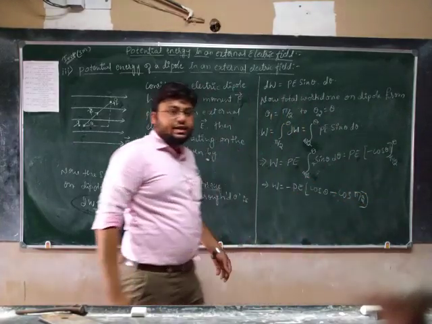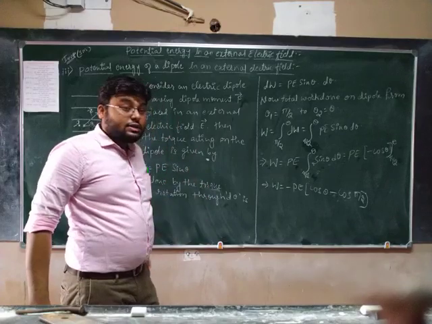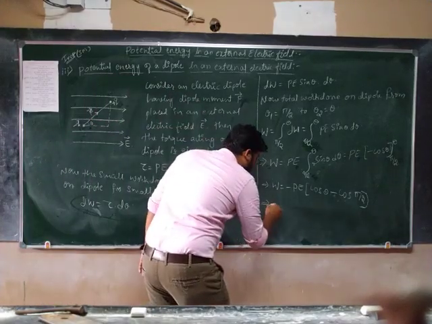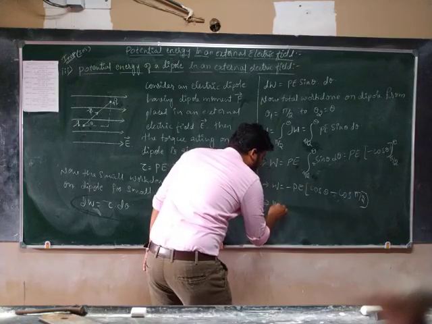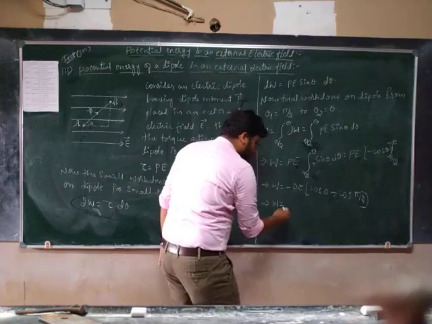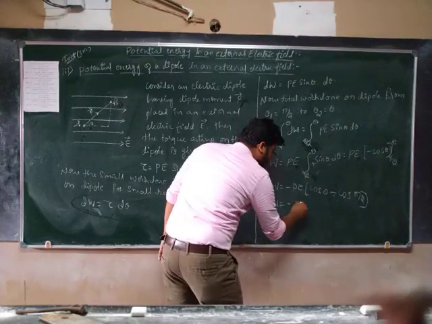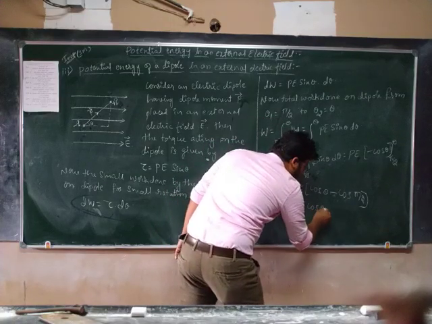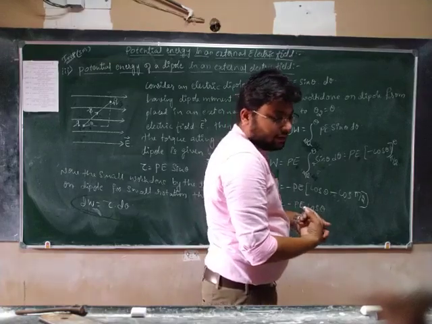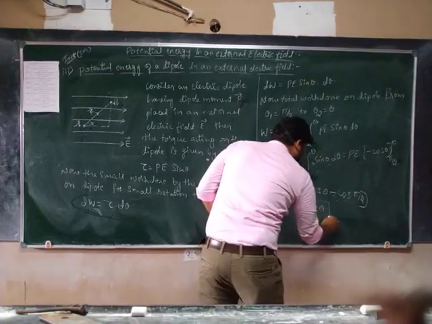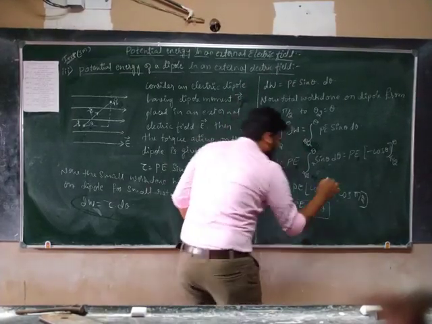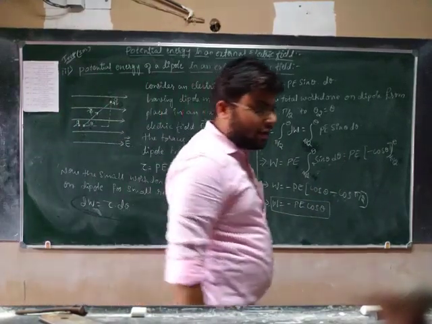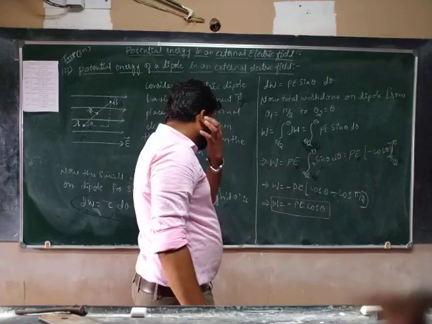It is cos 90, so that is 0. So then W is equal to minus pE cos theta. Okay, this work done will act as the potential energy of a dipole, right?